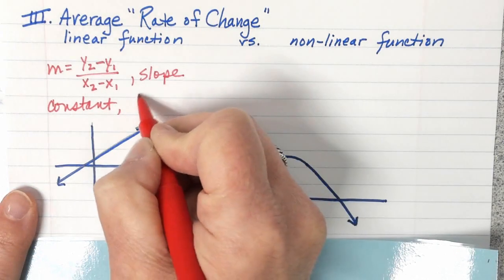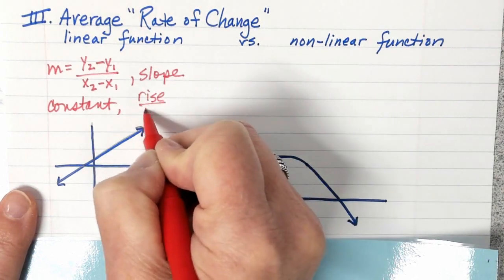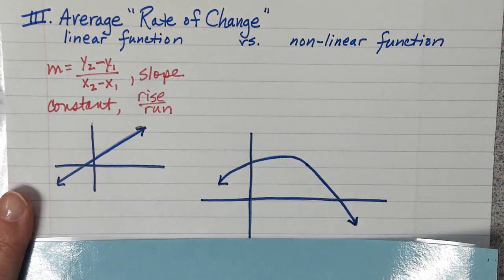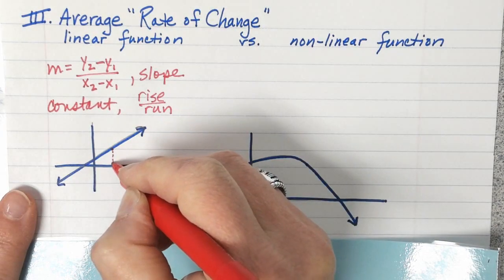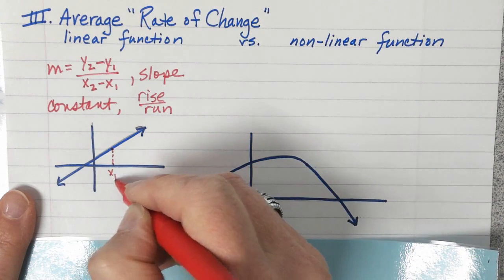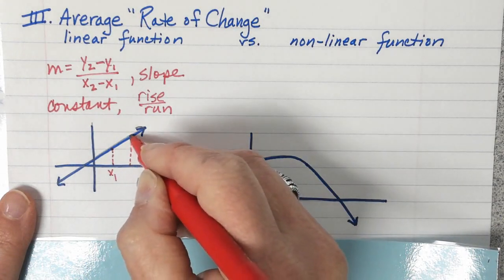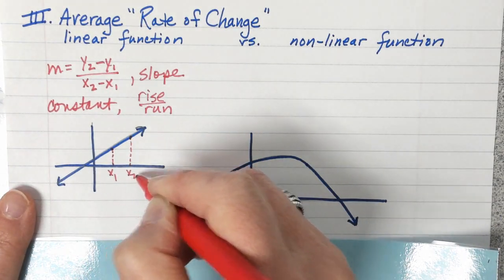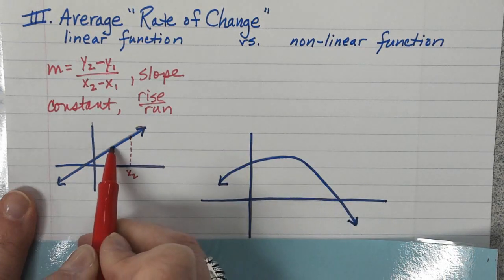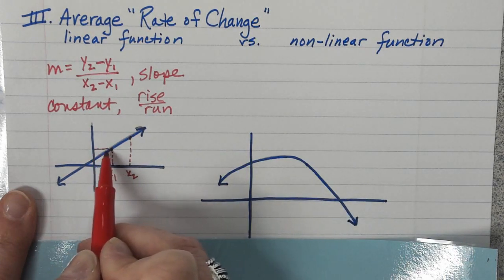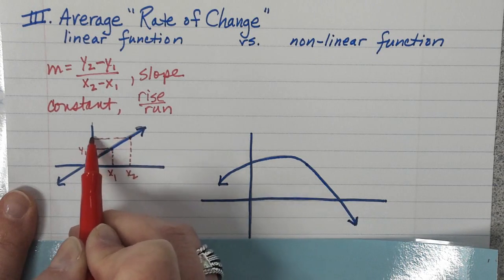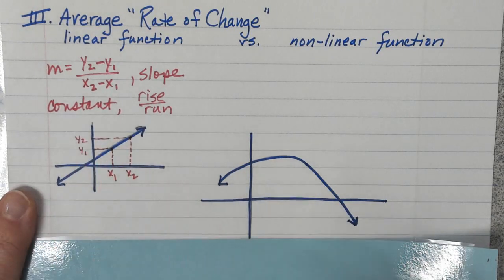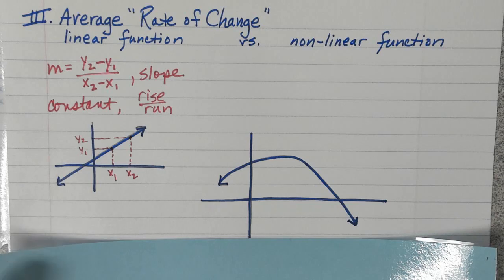We called it rise over run. All of those things. If we had a point here, let's call it x1, and a point here that was x2, it correlated to that y1 and this y2, and we could calculate the difference between those.